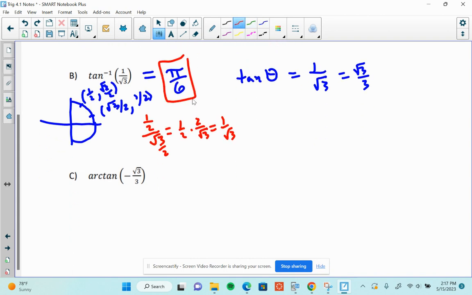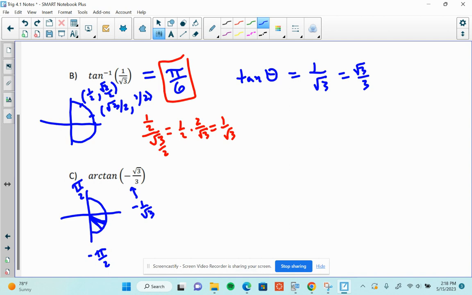Okay, arctangent of negative 1 over the square root of 3. This time, we're going to be down here in quadrant 4. Remember, tangent inverse keeps you between negative pi over 2 and positive pi over 2. But since this is a negative value, we need to be in quadrant 4. So again, it's either going to be pi over 6 for our reference angle or pi over 3.